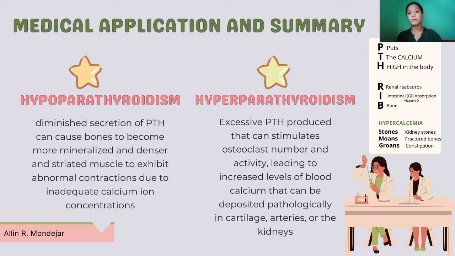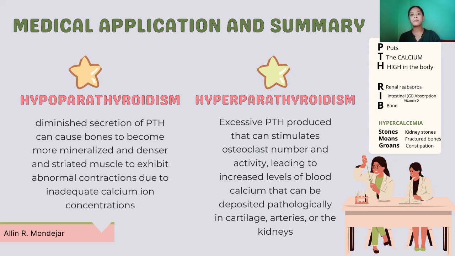Second, we have hyperparathyroidism, an excessive parathyroid hormone produced that can stimulate osteoclast number and activity, leading to increased level of blood calcium that can be deposited pathologically in our cartilage, arteries, or the kidneys.